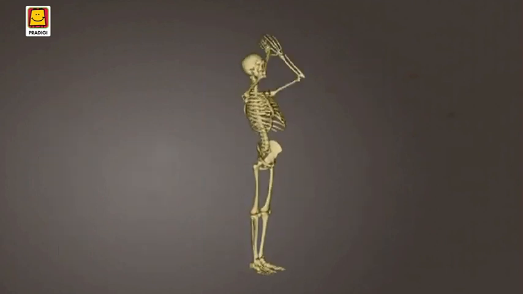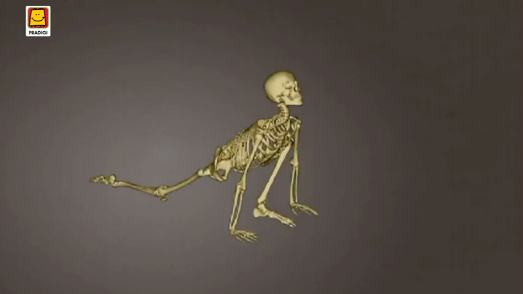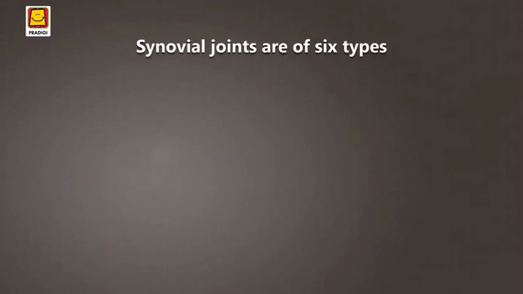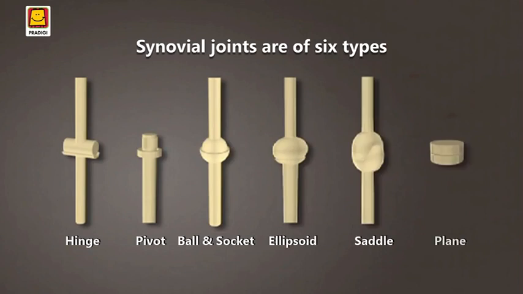The joints determine what positions our body can bend into and to what extent it can be stretched. Synovial joints are of 6 types: hinge, pivot, ball and socket, ellipsoid, saddle and plane.